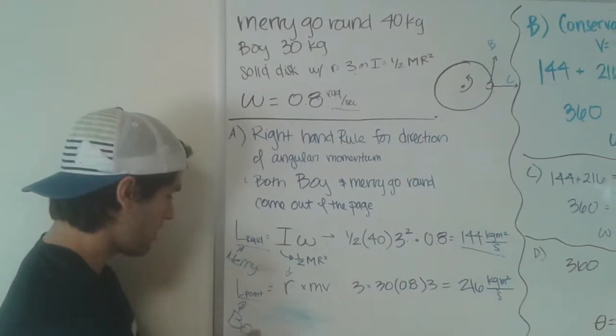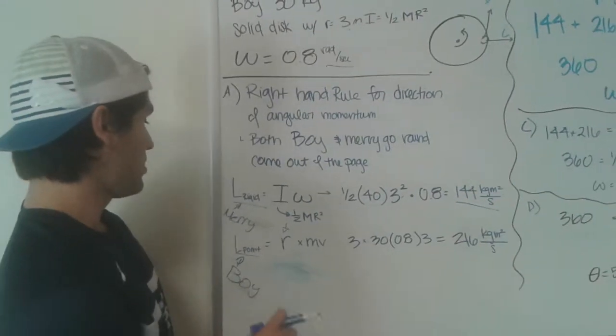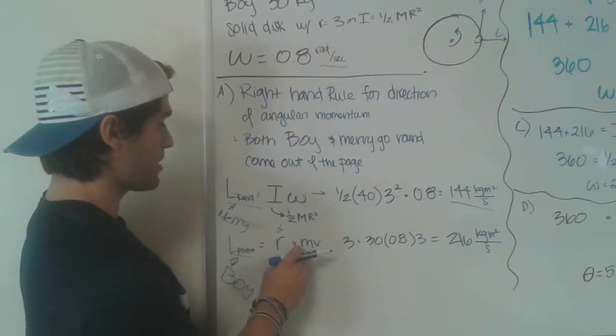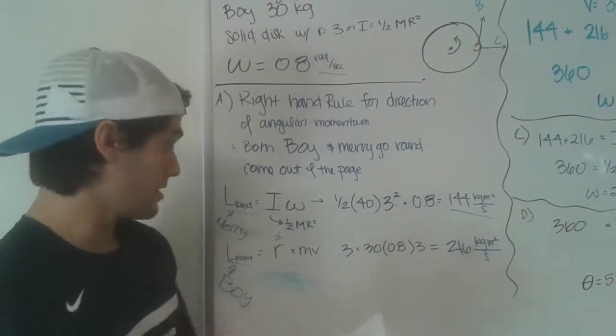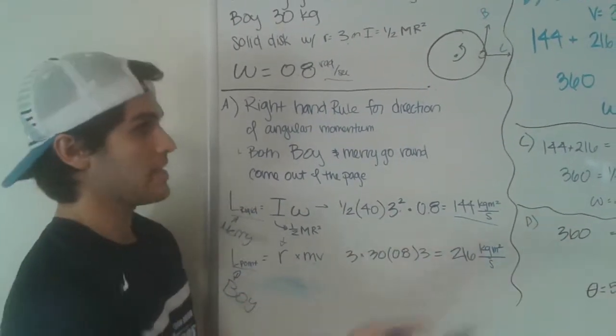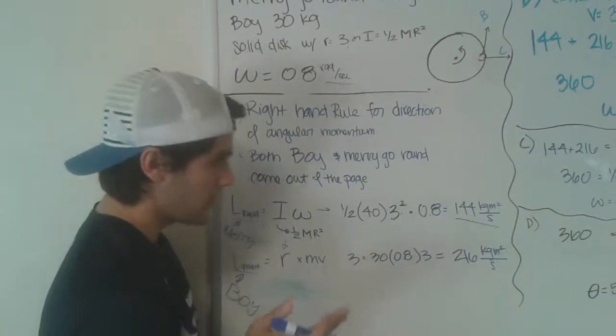Now, since the child is on the edge, we know it's the angular momentum of a point, the boy. The formula for that would be radius times mass times velocity. Velocity is not given; an angular velocity is given, but not a tangential velocity.